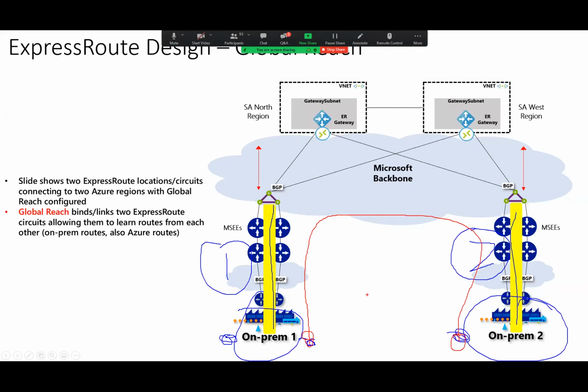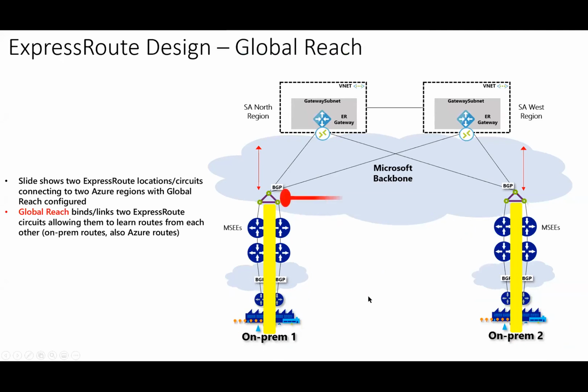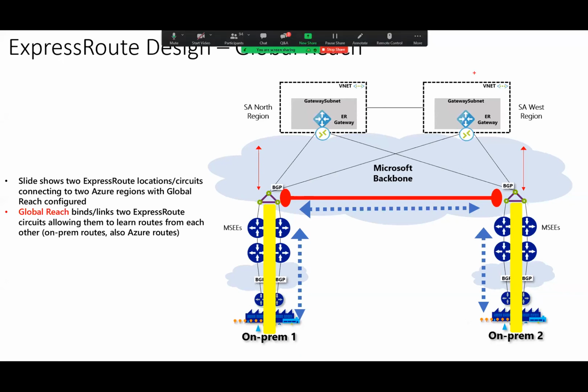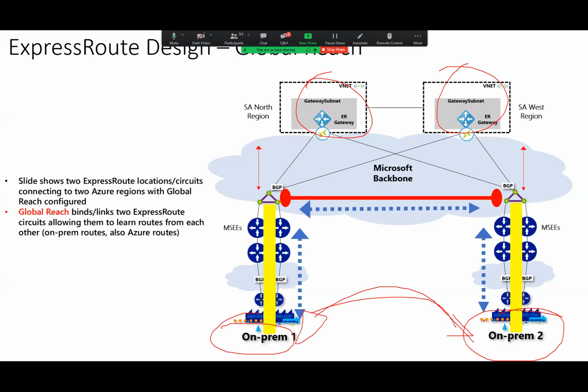We offer the feature to switch on Global Reach. And what Global Reach does, it basically over our backbone interconnects these two ExpressRoutes. And it allows for this traffic flow from on-prem to on-prem. Very nice way of having offsite backup in Azure and offsite from Cape Town into Joburg and vice versa. So you can do it this way as well using Global Reach.